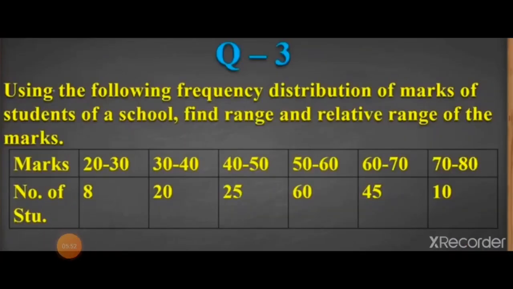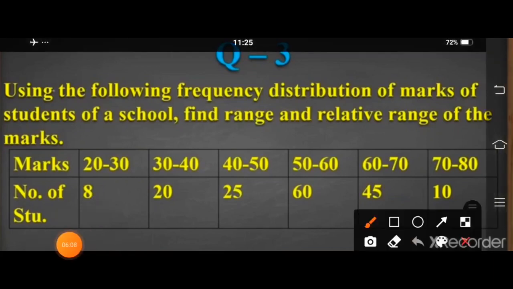Sum number 3. Using the following frequency distribution of marks of students of a school, find range and relative range of the marks. Here they have given us classified observations. What we have to find out is range and relative range of the marks.